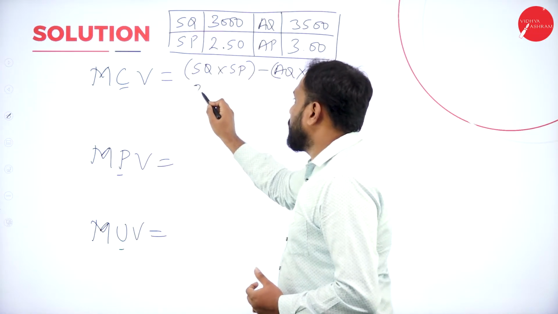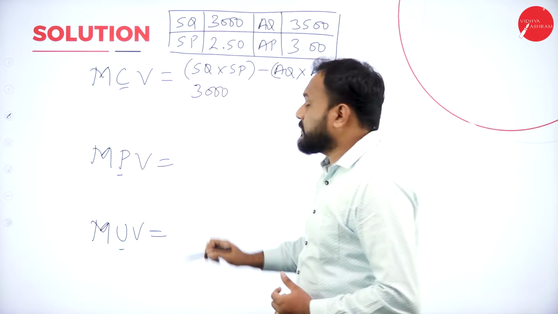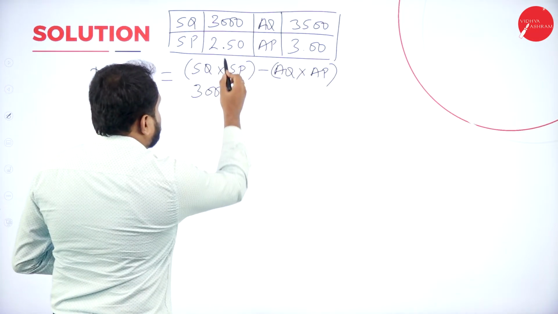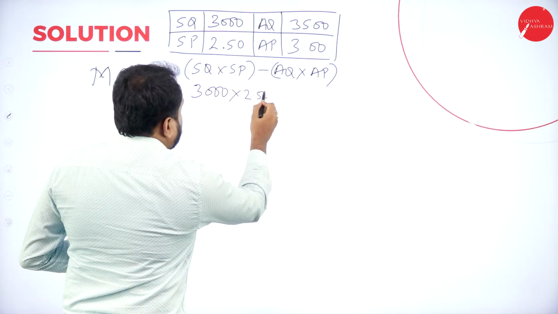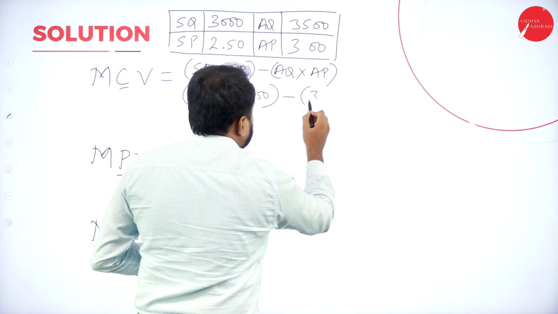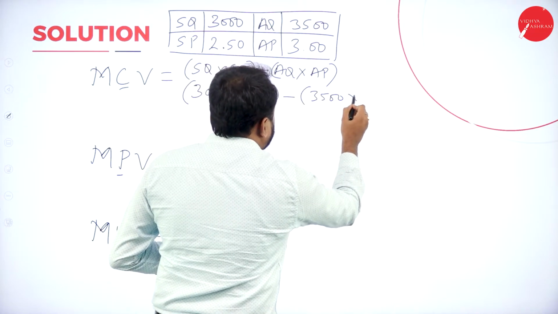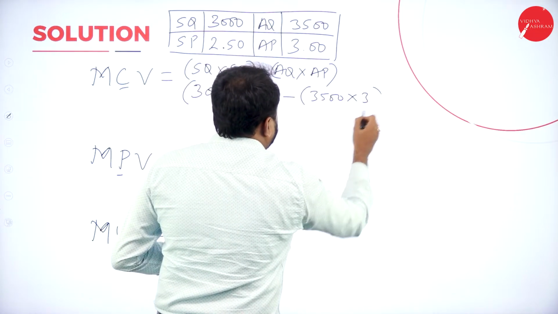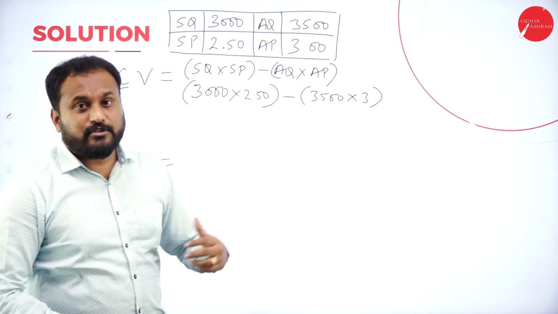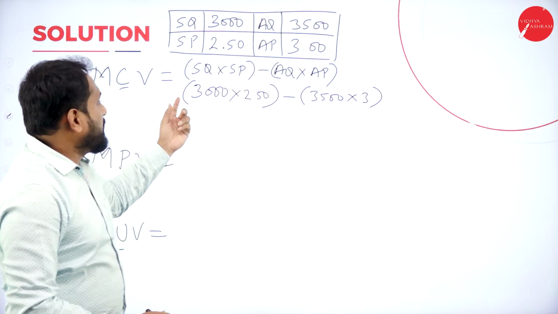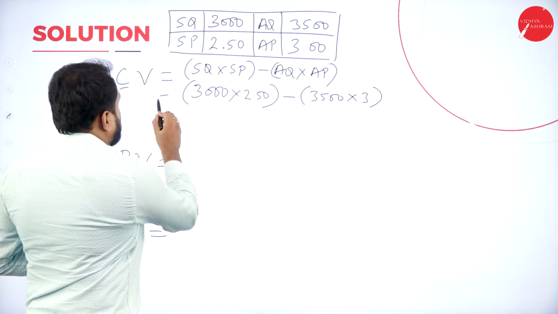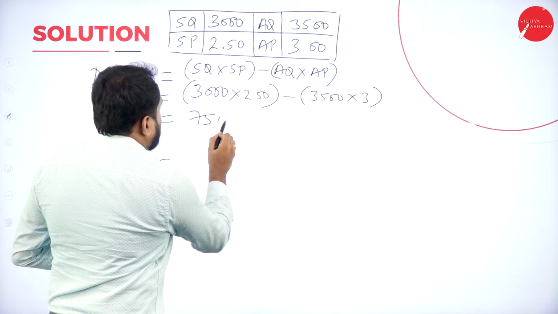SQ is how much? We got our 3000. 3000 into SP, which is 2 rupees 50 paisa, minus AQ, which is 3500 into 3 rupees. Done. Now 3000 into 2.5, you are supposed to use your calculator here. 3000 into 2 is 6000 and the half, so total you got 7500.